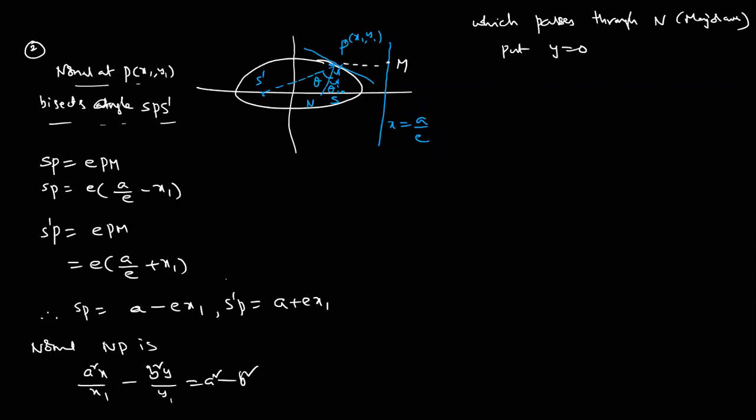Put y is equal to 0, this value is 0. So x is how much? See carefully. x is equal to x1 by a square times (a square minus b square), which means x1 times (1 minus b square by a square). What is the value of 1 minus b square by a square? That is eccentricity, e square.